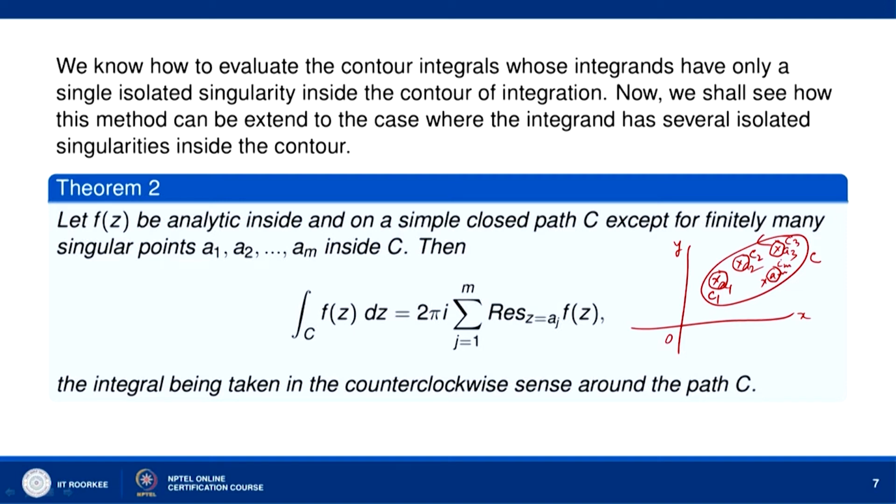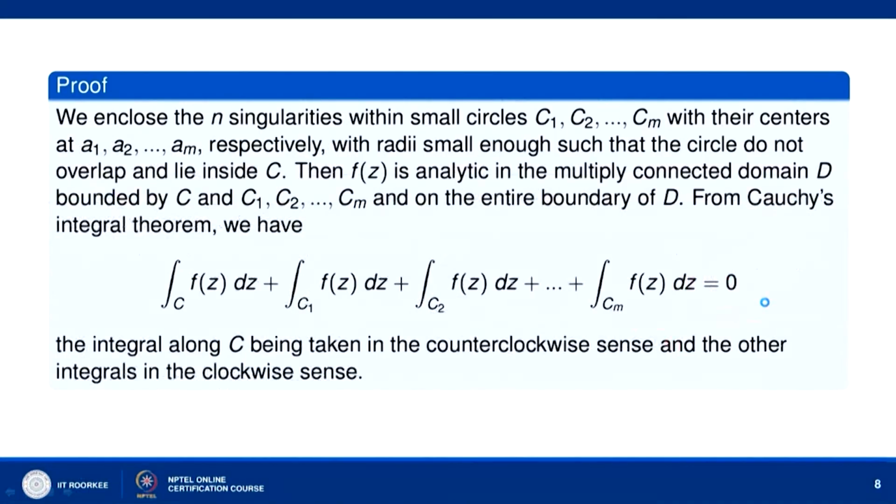So, let us construct circles of sufficiently small radius with centers at a1, a2, a3 and so on up to am. We call these circles C1, C2, C3 and so on up to Cm, such that the circles do not overlap and are completely inside the simple closed path C.